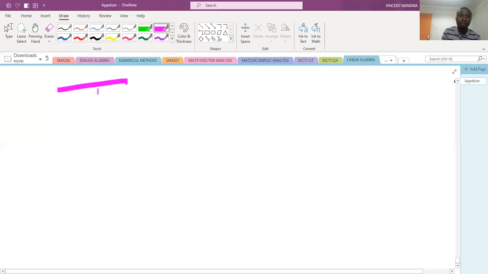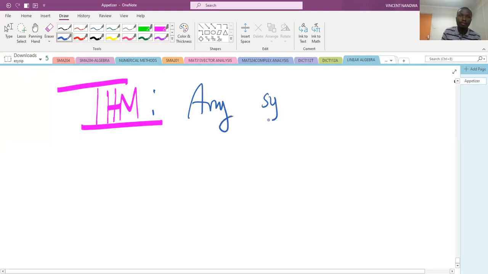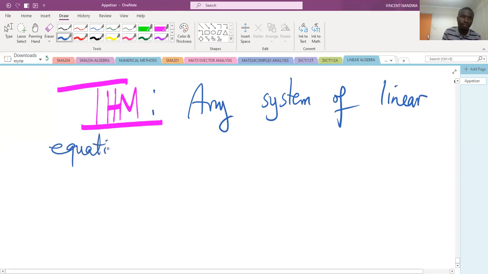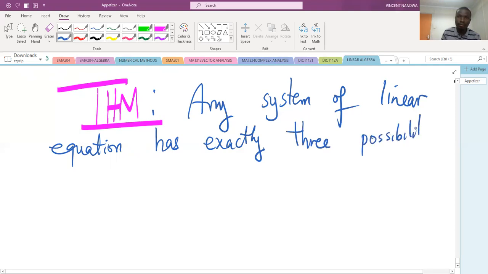So, theorem: any system of linear equations has exactly three possibilities for its solution.